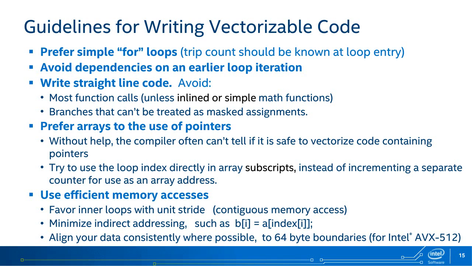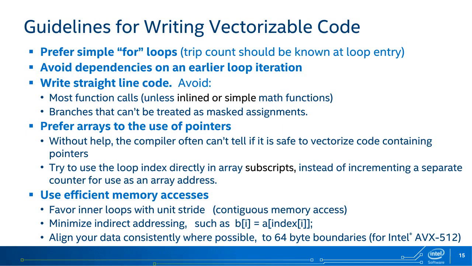And here you can see the guidelines for writing vectorizable code. So first of all, the simpler the for loop, the better for the compiler. Which means, for example, the trip count should be known at loop entry.